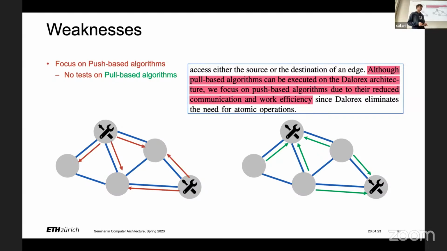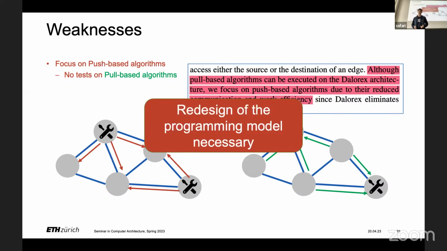But what actually we can think about is that we have to remodel the whole programming model of Dalorex, because as I explained to you, the tasks are going to produce some results, and these results are going to be routed to other tiles. So you are going to simply redesign the whole programming model if you want to require some results from other processing units and make them come to your tile, to your processing unit.